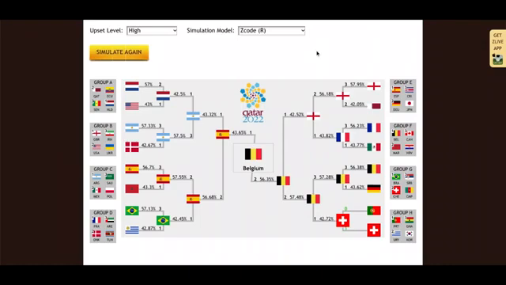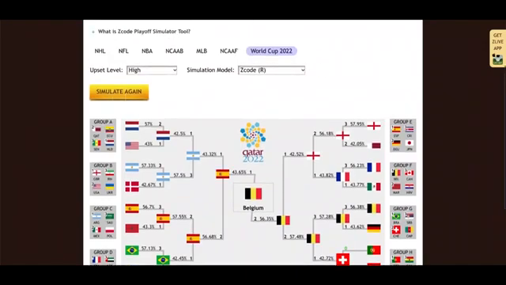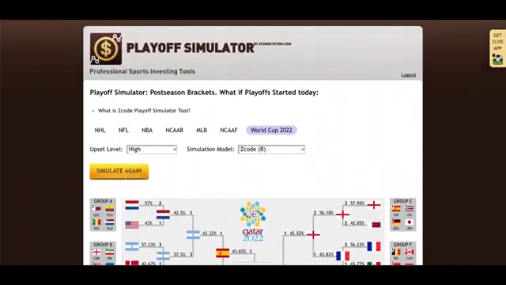Now, as we get close to the World Cup, will we see some different results from our simulations? Yes, we very well could do. And as well, once the tournament starts, we can use the playoff simulator to help us learn more about teams progressing and perhaps going on to win the World Cup. So this is a great tool to use if you are a Zcode System subscriber and user.